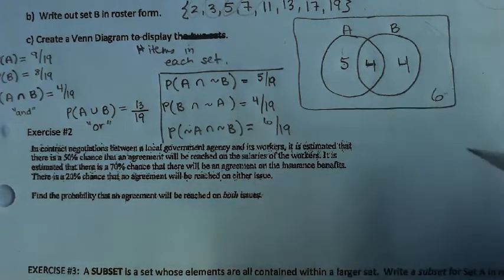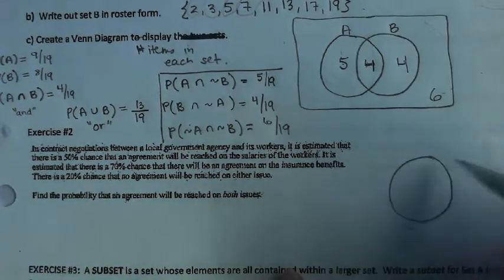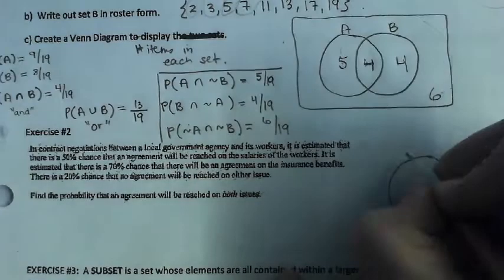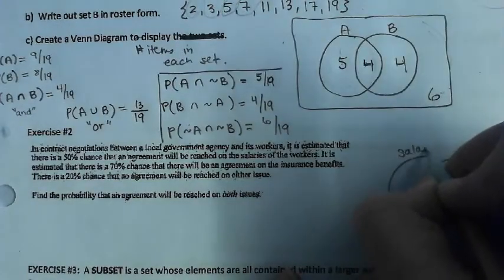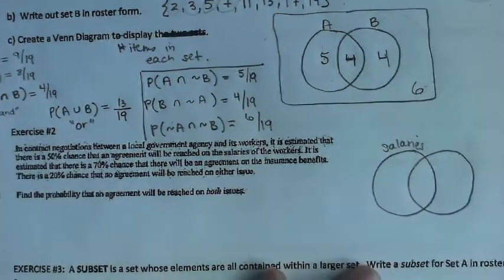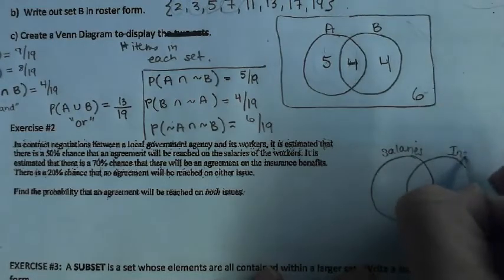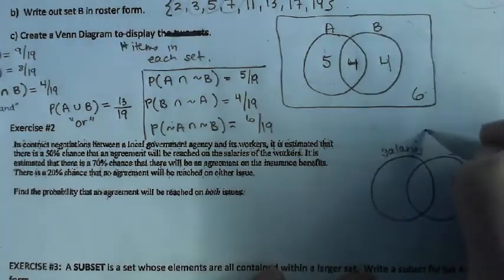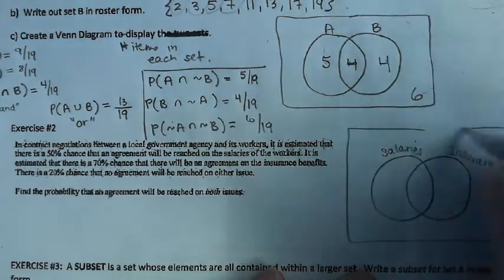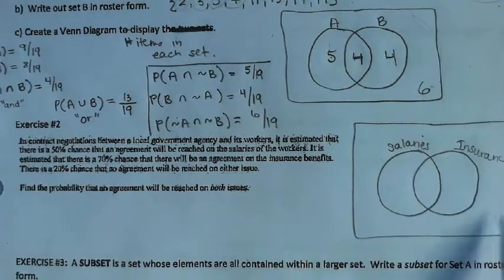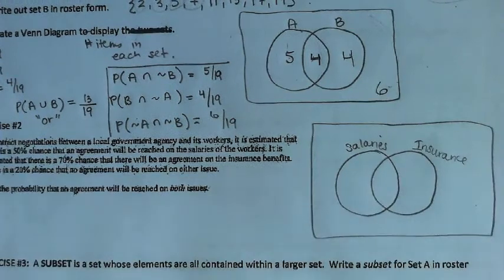100%, right? So when I make my Venn diagram, my left circle is going to be for salaries. My right circle is going to be for insurance. And then obviously you could come to an agreement on neither, and that would go outside your box. But all of these percentages should add up to 100%.